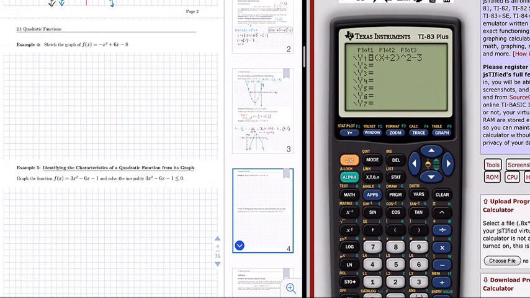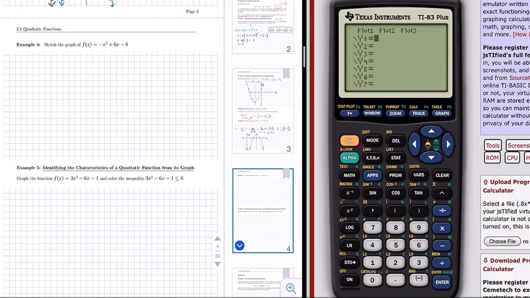So I'm going to go to y equals and graph this. We have a negative x squared plus 6x minus 8.